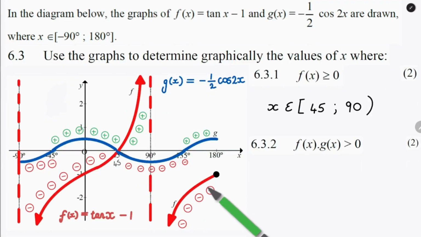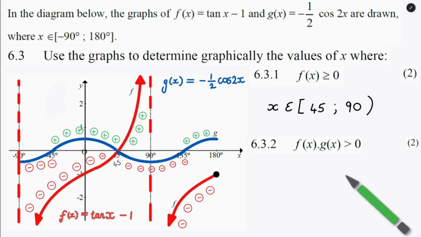So we can see the tan graph over here has negative y values because it's underneath the x-axis. As soon as these graphs go above the x-axis, they've got positive y values, as you can see with these green positives over here. So our mission is to find out if I multiply these two y values at the same time, where do I get a positive number? Where do I get something that's bigger than 0? So there are going to be two cases where that happens.